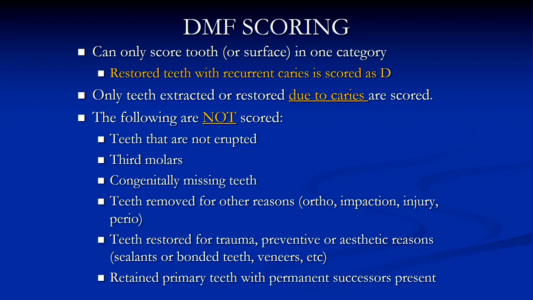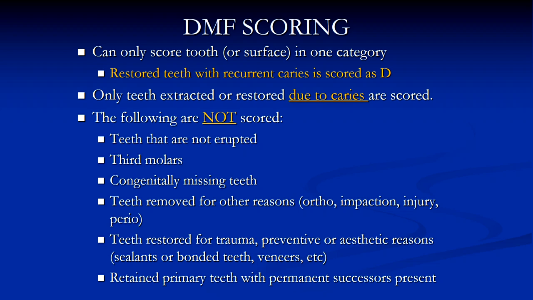So if you have a tooth that has a filling in it and it has active decay, then we're going to count that as a decayed tooth and not as a filled tooth. So it only goes in one of those categories. Only teeth that are extracted or restored due to caries are scored. So any other restorations that are not due to caries are not scored in the DMF part.